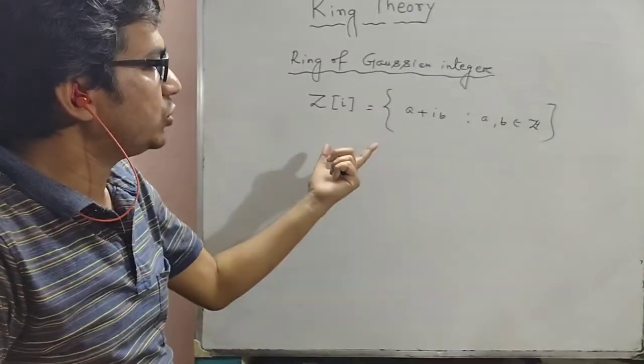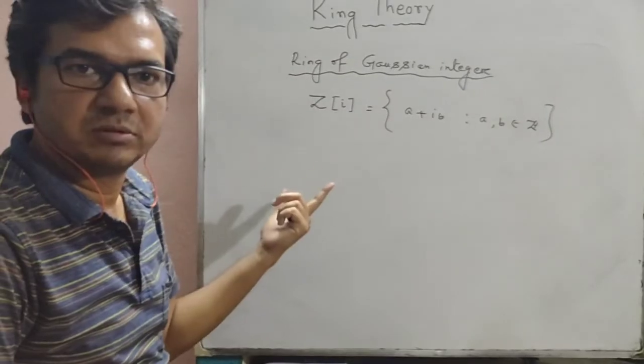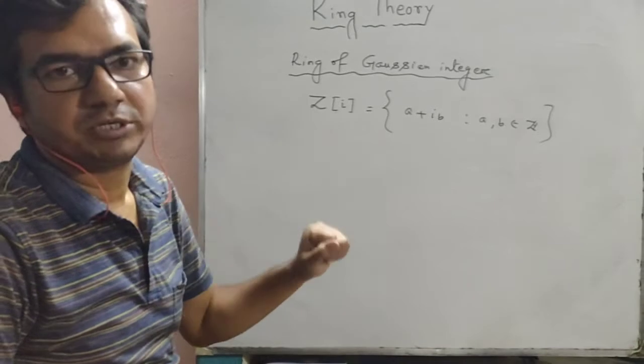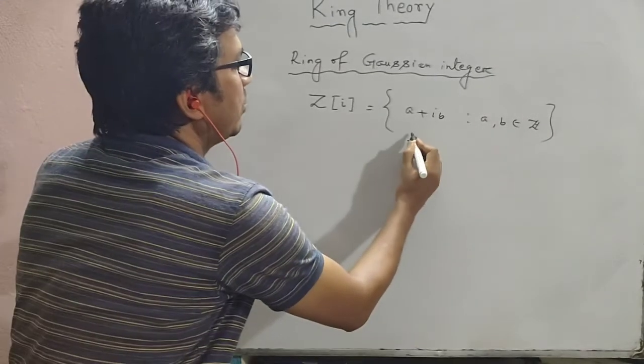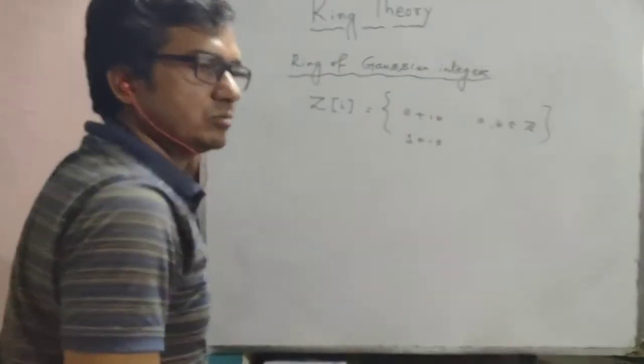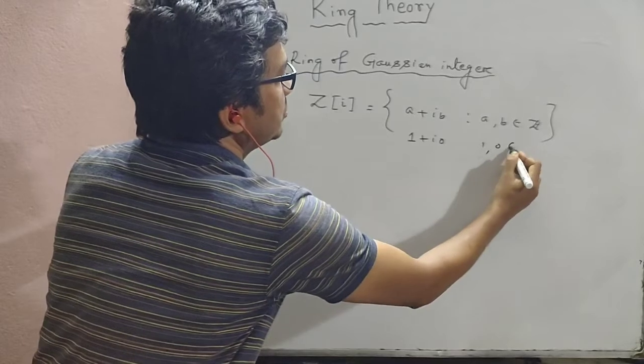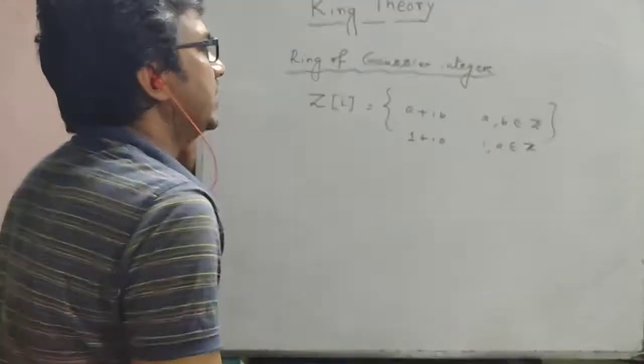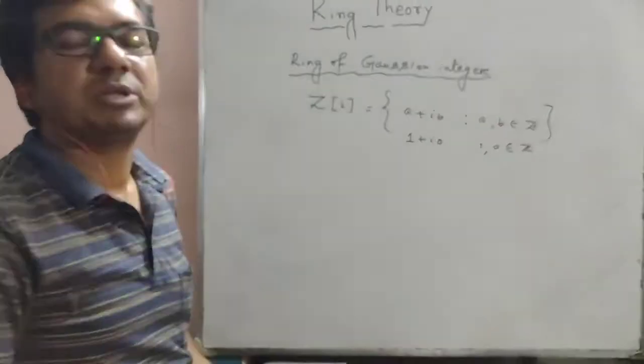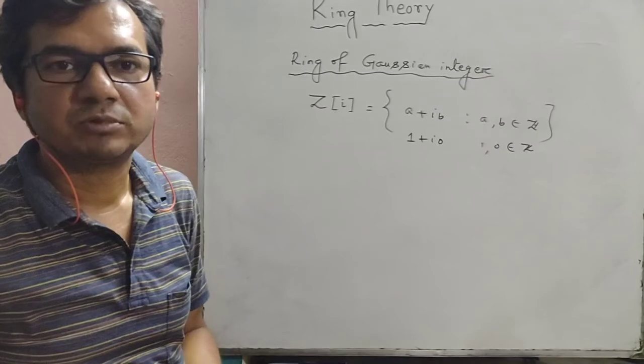This is also a ring, a commutative ring with unity, because 1 plus i times 0, that is (1, 0), belongs to Z[i], and this is a complex number, so complex number multiplication is always commutative.